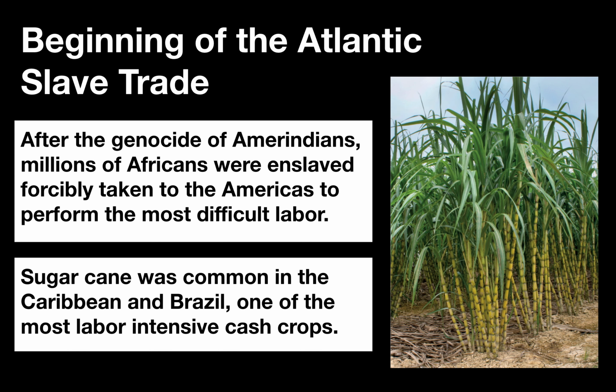This is an extremely difficult crop to grow. It takes a lot of labor. It's a brutal process. So they grow things like sugar, and then they bring that sugar back to Europe and manufacture things, and that's how you get that triangle of trade: from Europe, Africa, America, back to Europe.